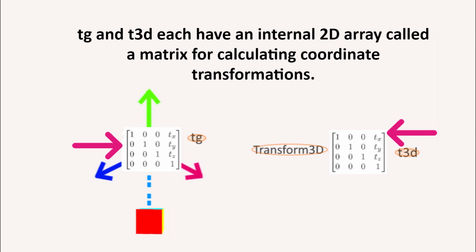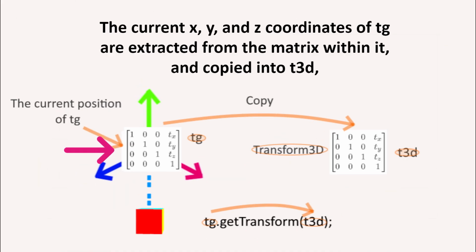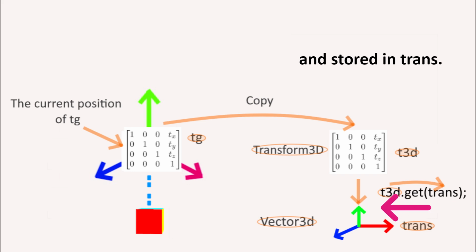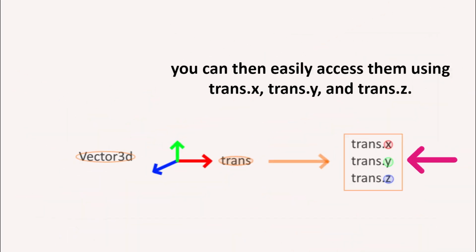TG and T3D each have an internal 2D array called a matrix for calculating coordinate transformations. The current x, y, and z coordinates of TG are extracted from the matrix within it, copied into T3D, and stored in trans. You can then easily access them using trans.x, trans.y, and trans.z.